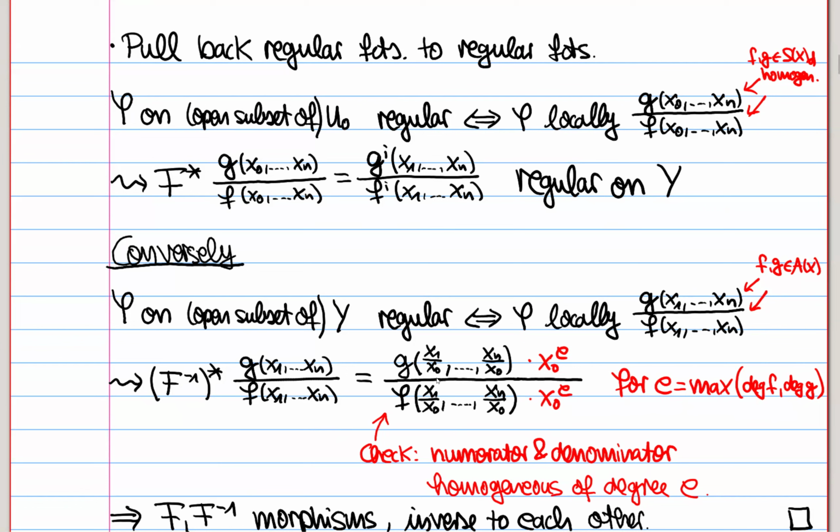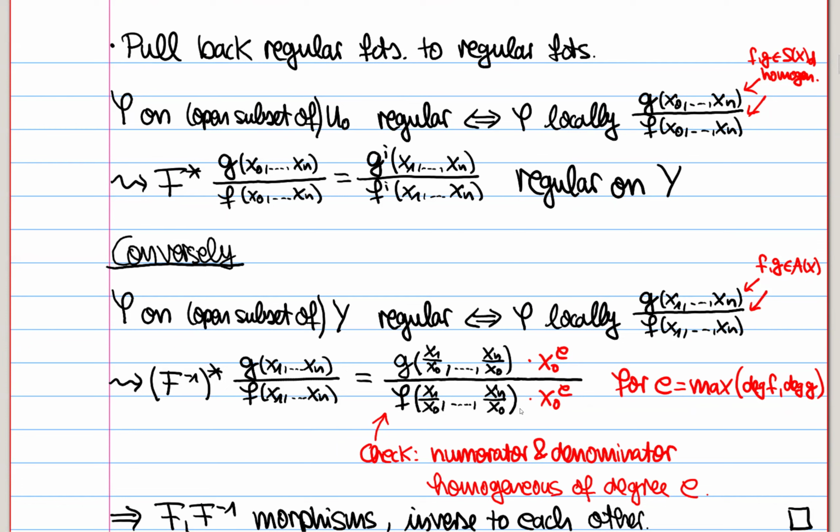And then you can check, this almost looks like the homogenization of g and the homogenization of f, except it might be that we take a bit more of the x0 than we need. So it might be a product of x0 to some smaller power times the homogenization. But in any case, what you can check is that both numerator and denominator are homogeneous polynomials of the same degree e, and that's good enough for us.